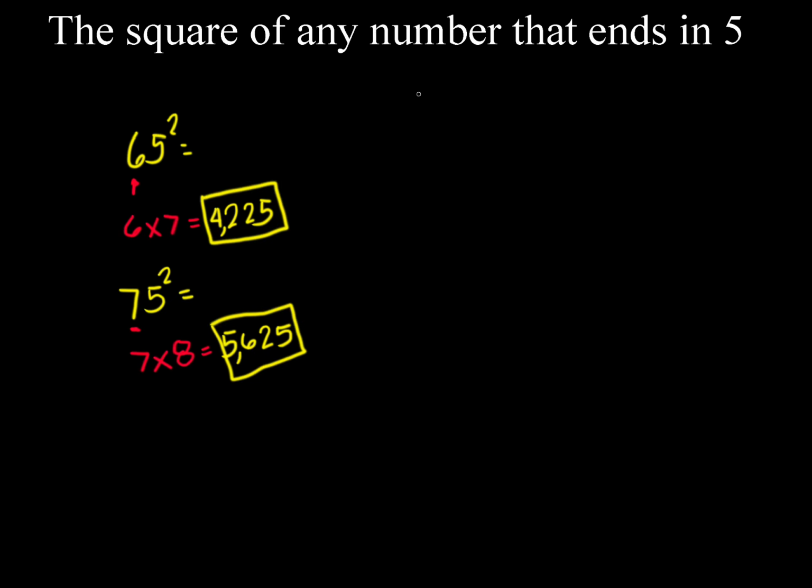So what happens if we want to find the square of 85? Again, let's take a look at the number before your 5. So we got 8. We write down our 8.